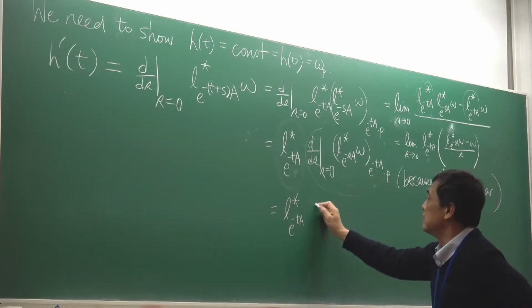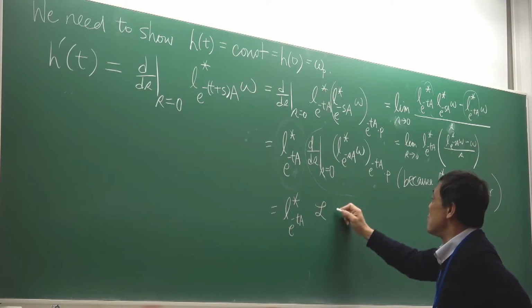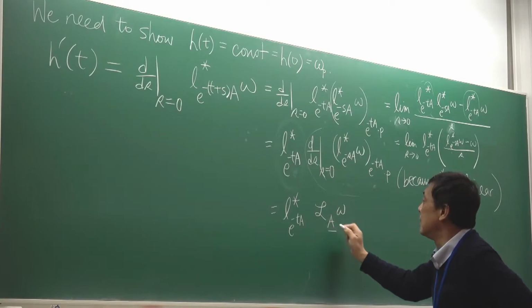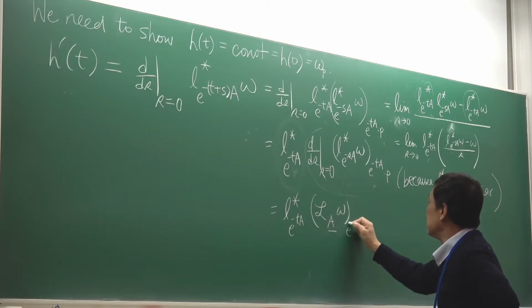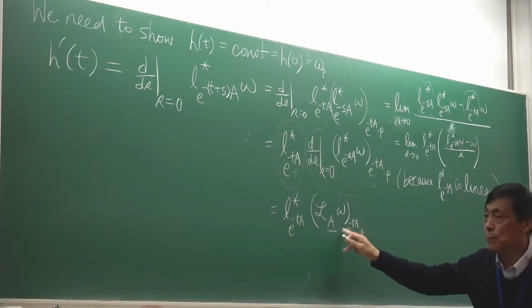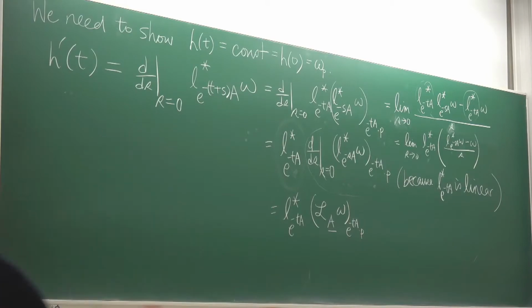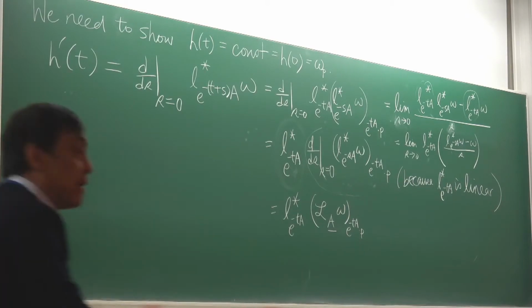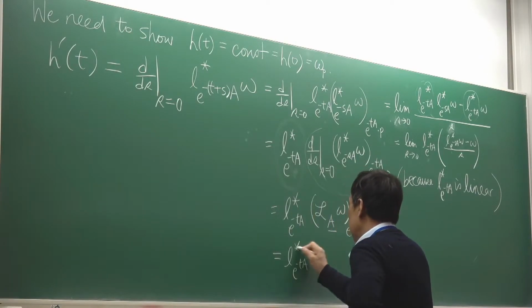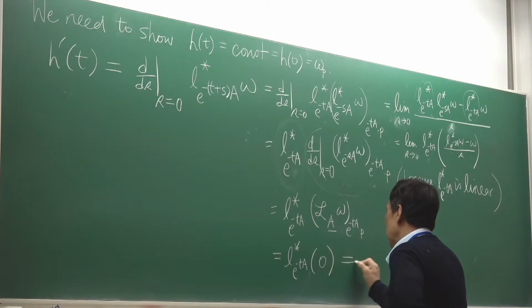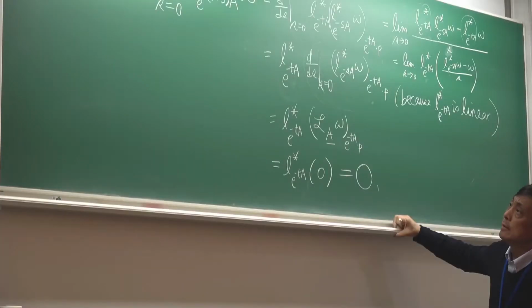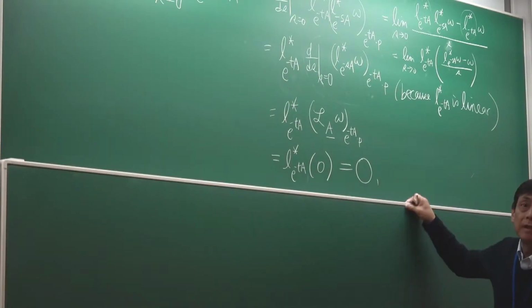This is the v derivative of omega with respect to a bar at the point e to the minus t a dot p. But the v derivative is assumed to be zero everywhere, so this is zero. And so it equals 0. So this proves that h of t is a constant.